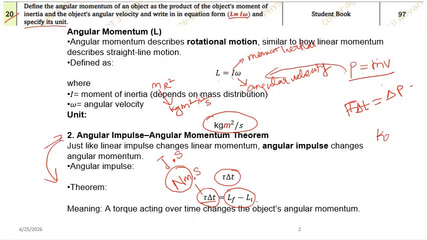The first one: kilogram meter square divided by second. This is the first unit. From the equation, we can connect it with the second one. Look at the second equation which we mentioned here. Change in angular momentum is exactly equal to angular impulse. Angular impulse is torque into delta t.